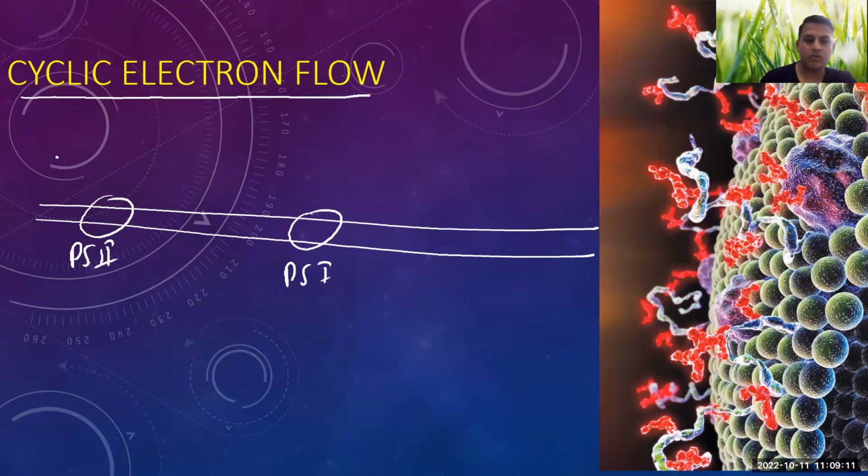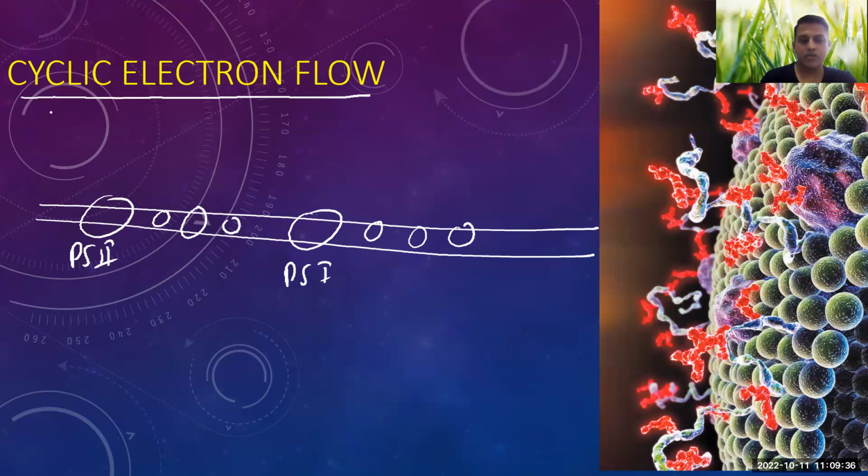Light is absorbed by PS2, and that electron moves to the electron carrier complex, and then the electron moves to PS1. In PS1, light is absorbed, and this electron moves again to the complexes and NADPH is formed.